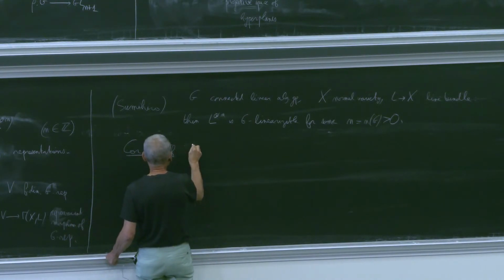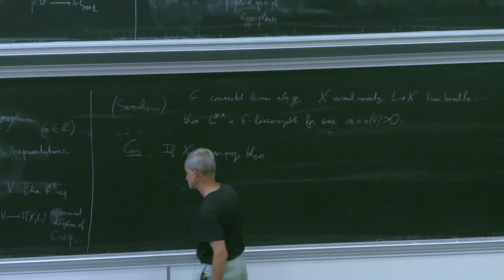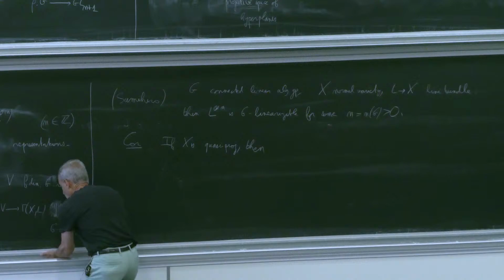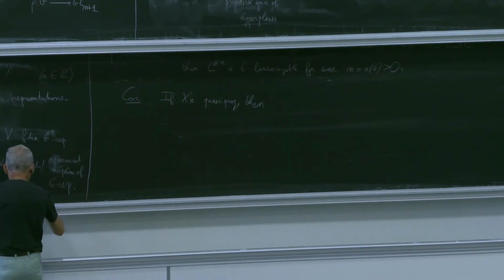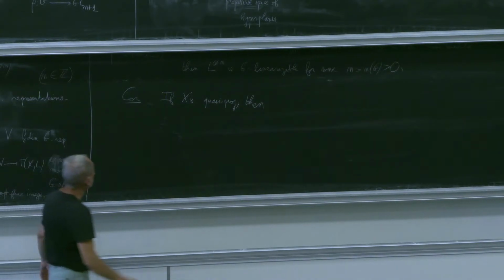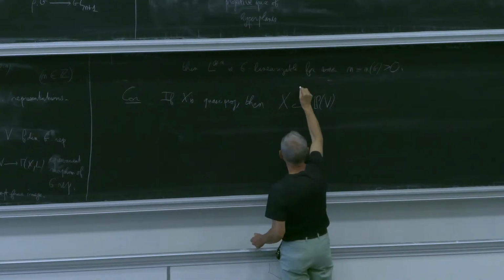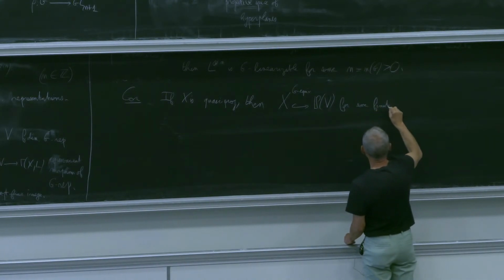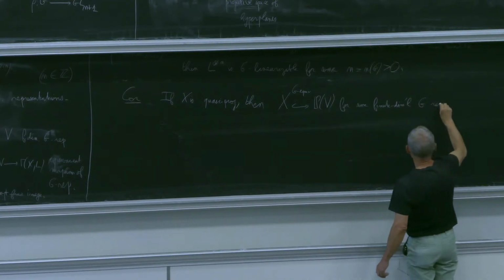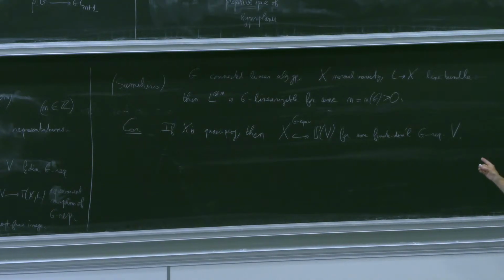If X is quasi-projective, well, sorry, I forgot something here, which is that the image is base point free, to get this correct, then X embeds G-equivariantly into P(V) for some finite dimensional G-representation V. Okay, and this is what we wanted.